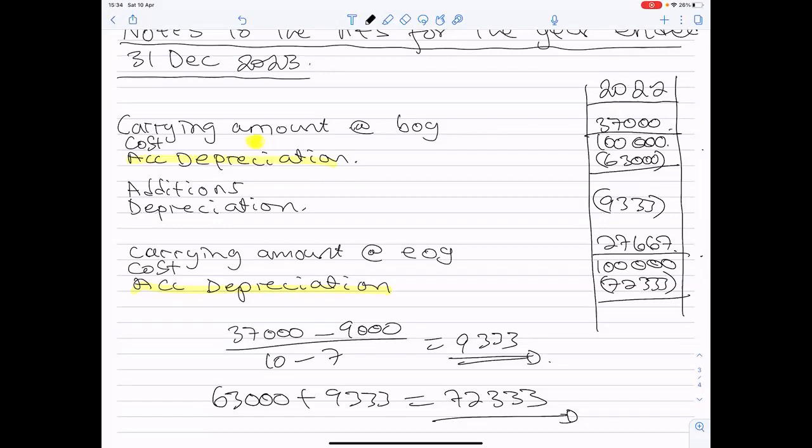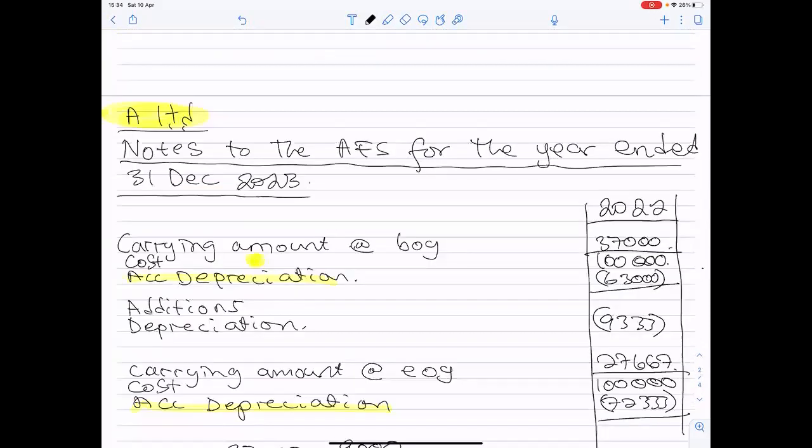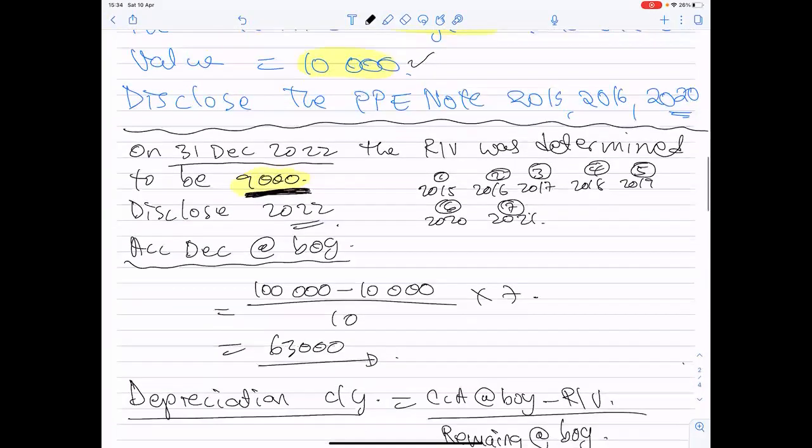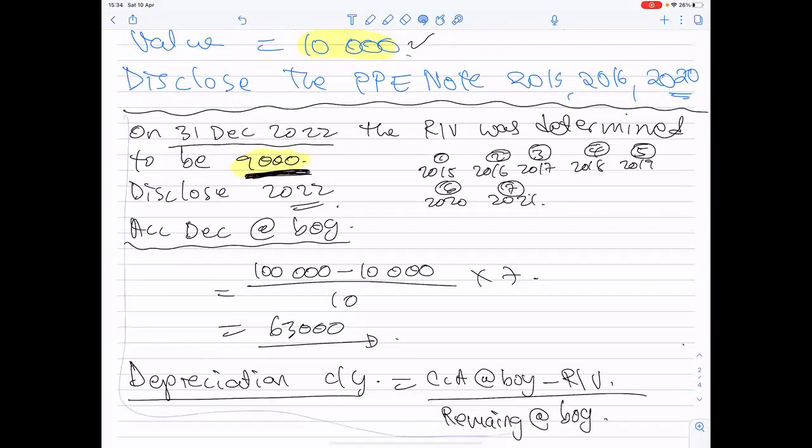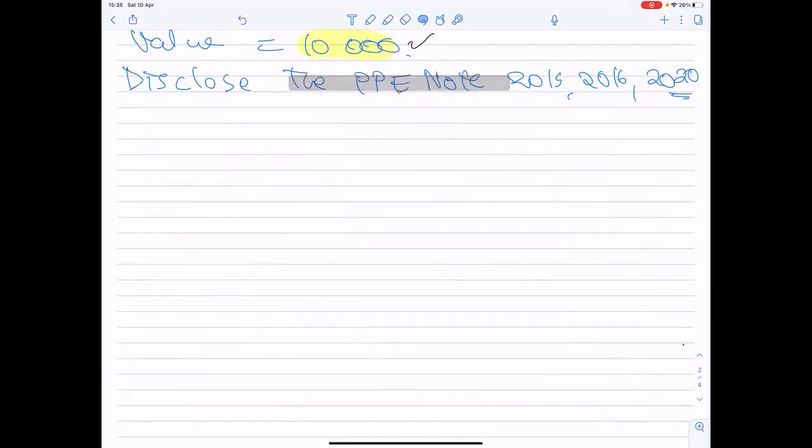Right. Let's look at the change in the useful life.